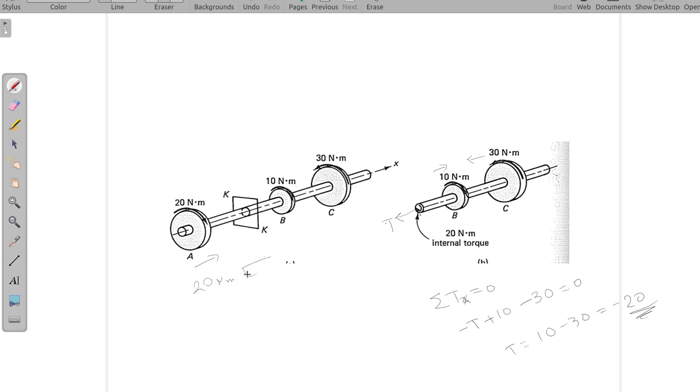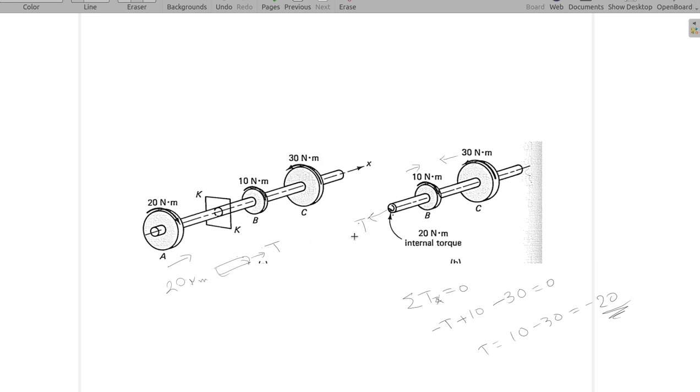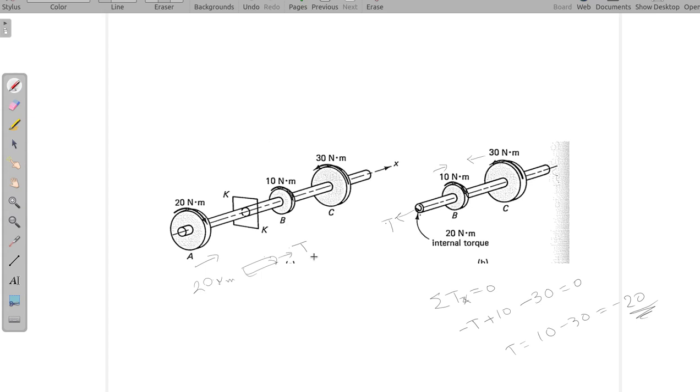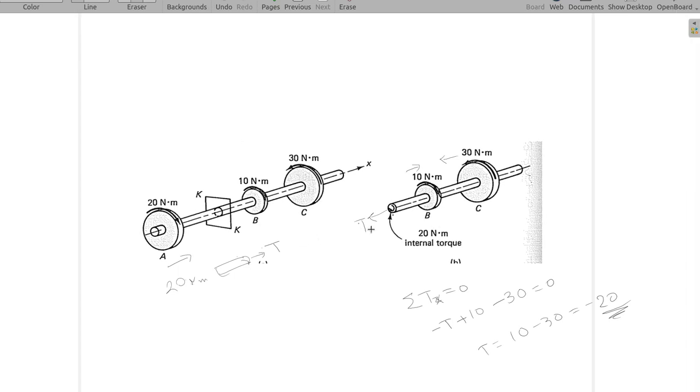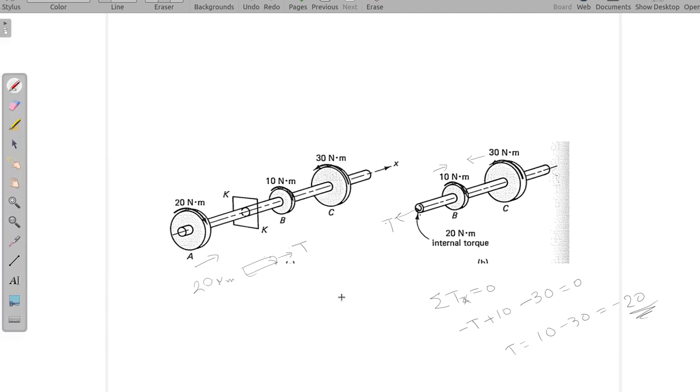And if you assume the internal torque here to be T, net torque in x direction is 0.